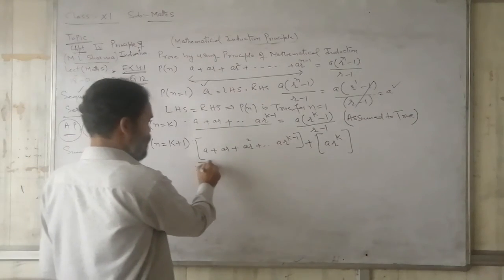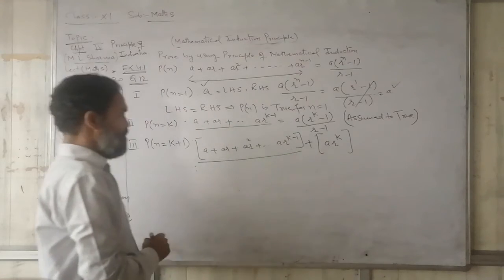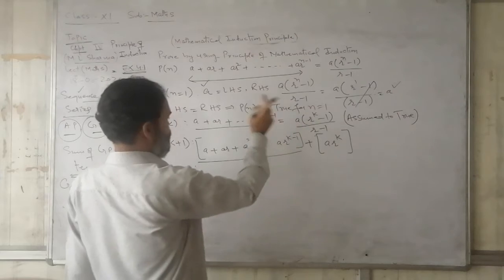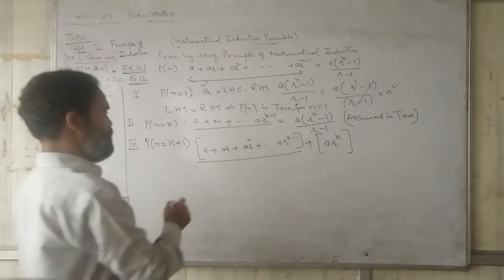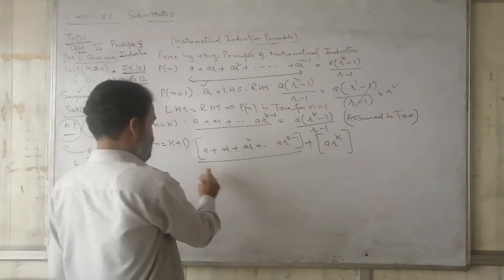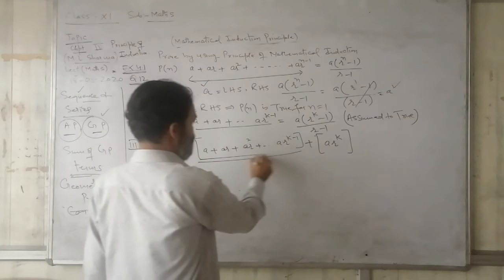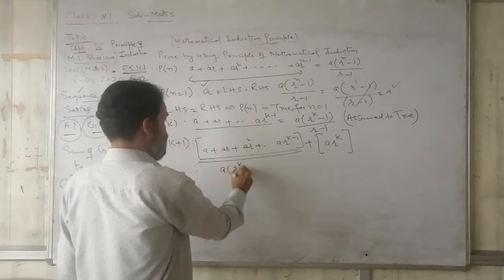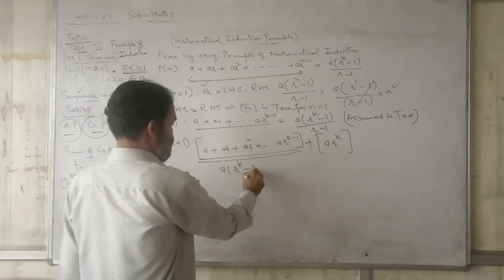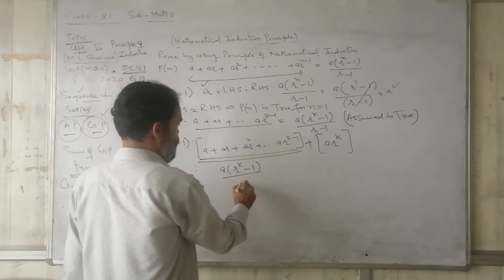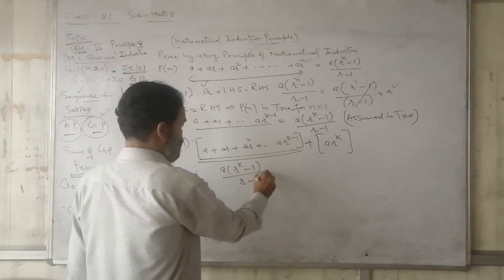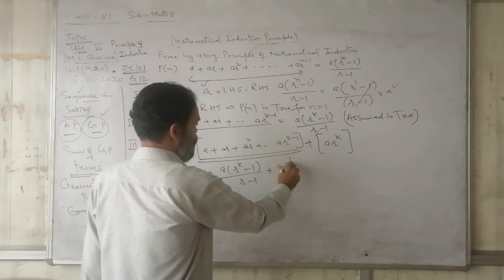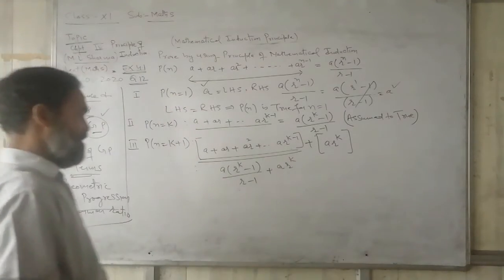According to the second step, the sum up to the Kth term is equal to A R raised to power K minus 1 upon R minus 1, so I can write its value instead, plus A R raised to power K.